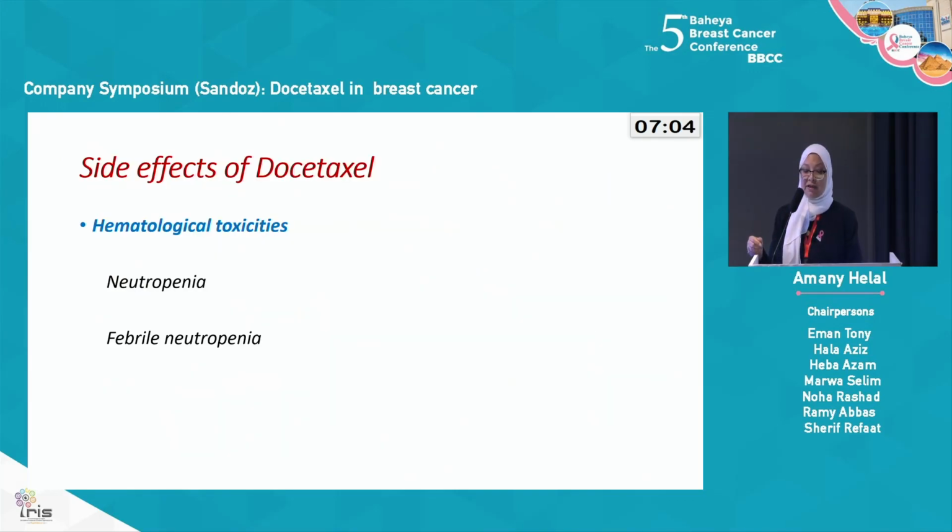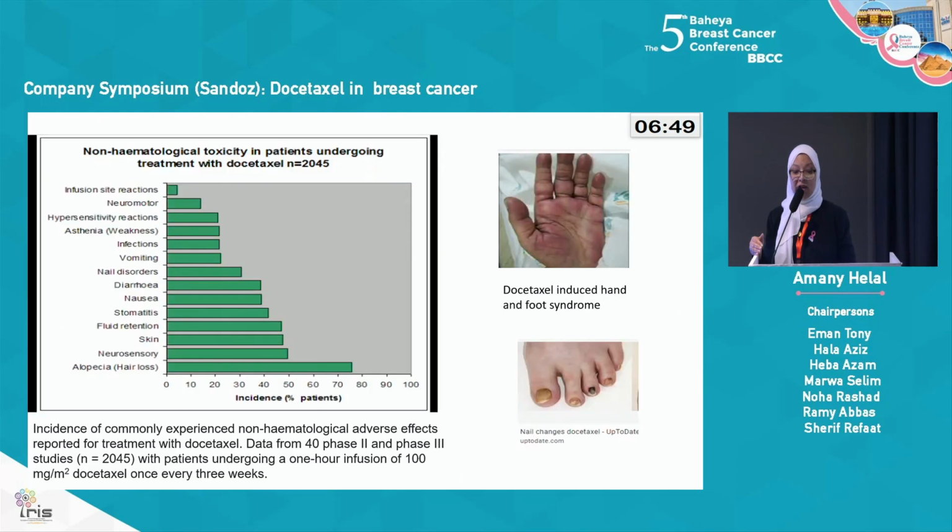Side effects of docetaxel: hematological toxicities, neutropenia and febrile neutropenia occurring in about 18% of the patients who received a dose of 100 milligram per square meter, and this can be prevented by the prophylactic use of granulocyte colony stimulating factor. And these are the non-hematological toxicities in the patients with docetaxel.